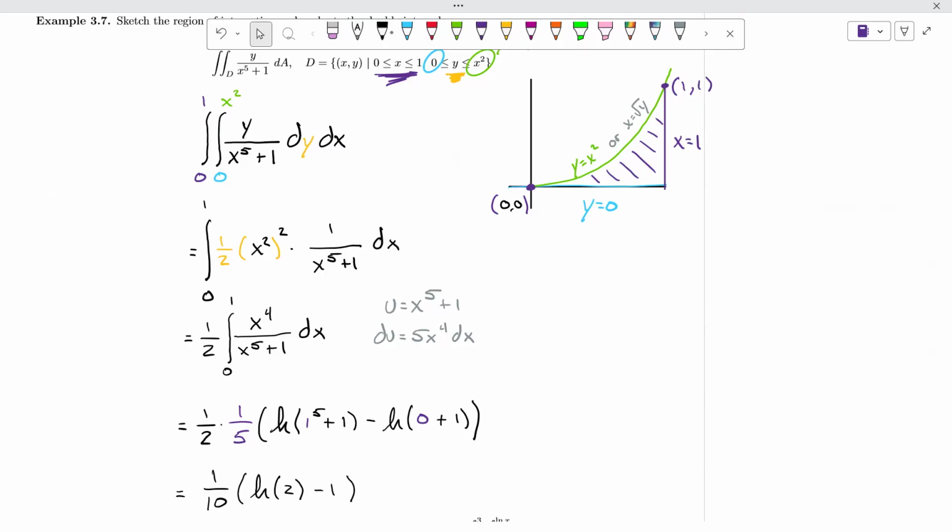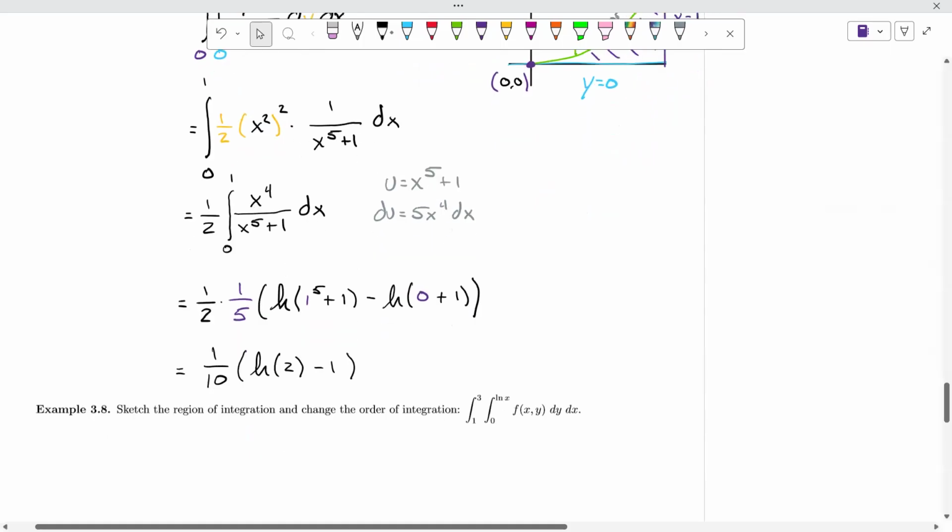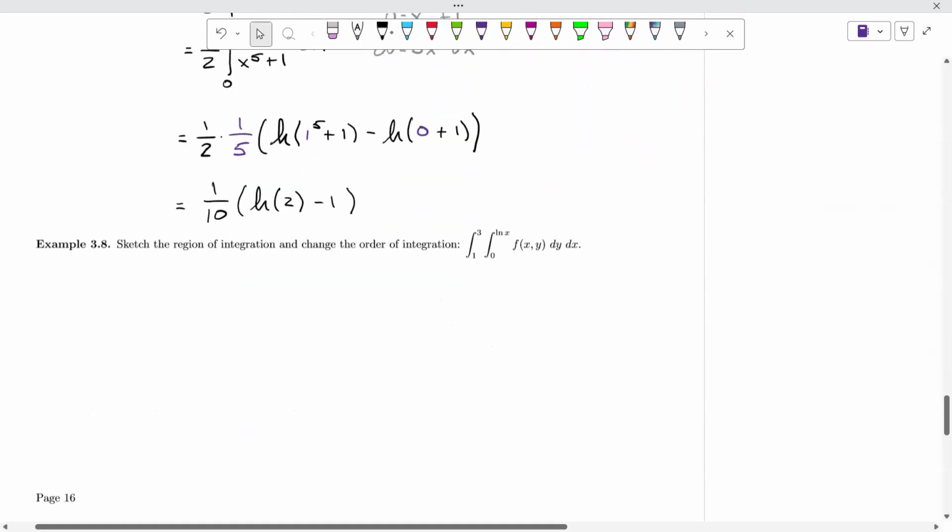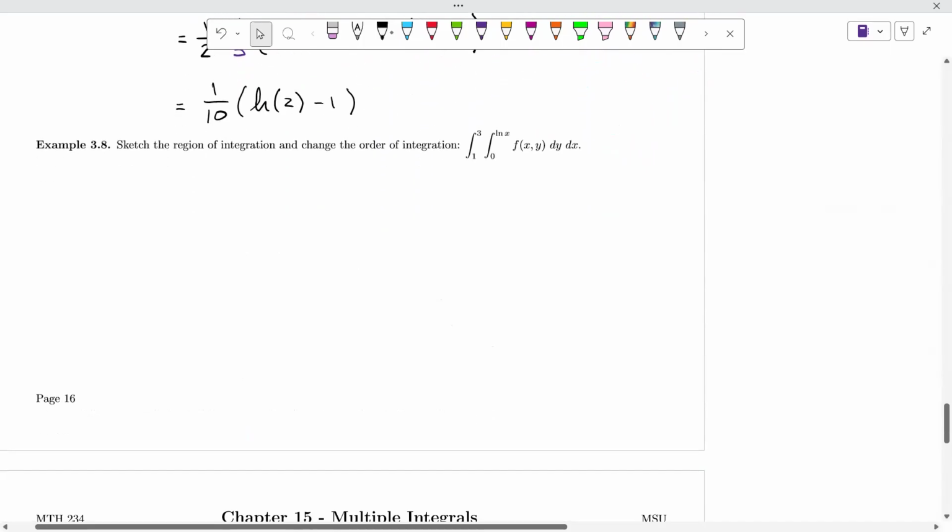So the new stuff really is all about setting these things up correctly, and that's where most of the challenge lies. I'm not saying the integration is easy. I'm just saying we've learned it before. So it's the new setting up the integrals that I think is the most complicated part. But hey, what do I know?